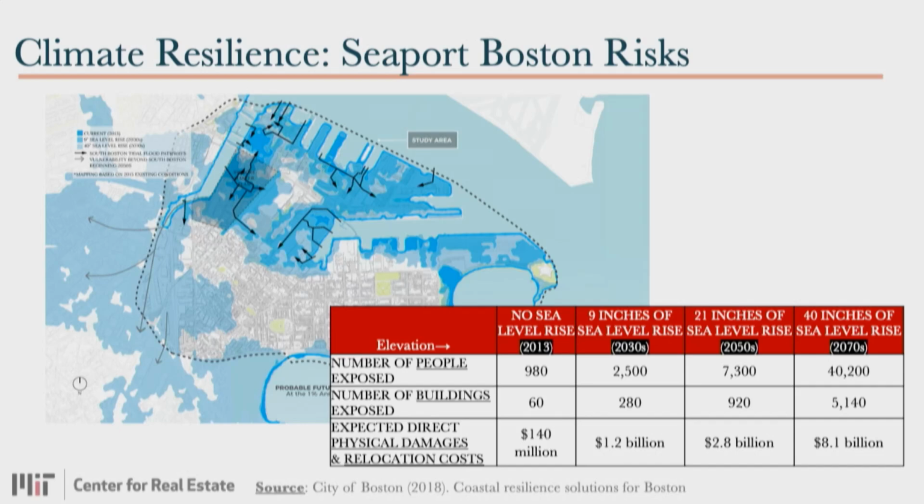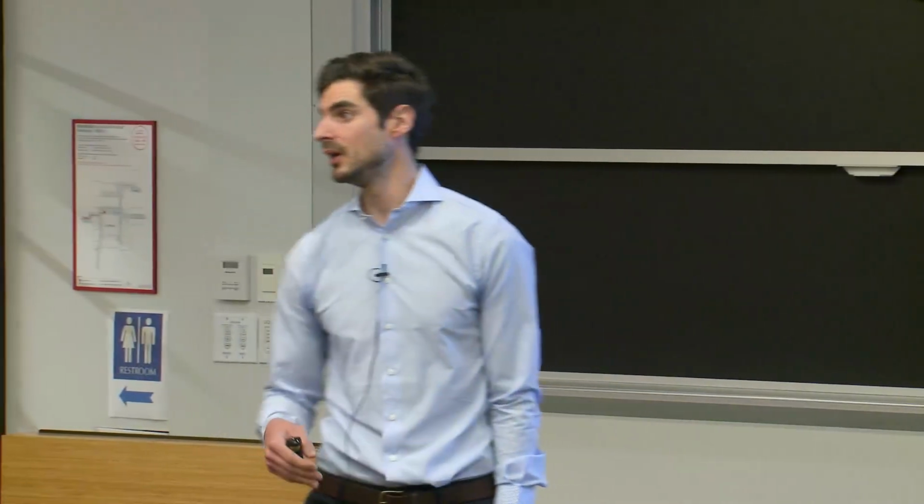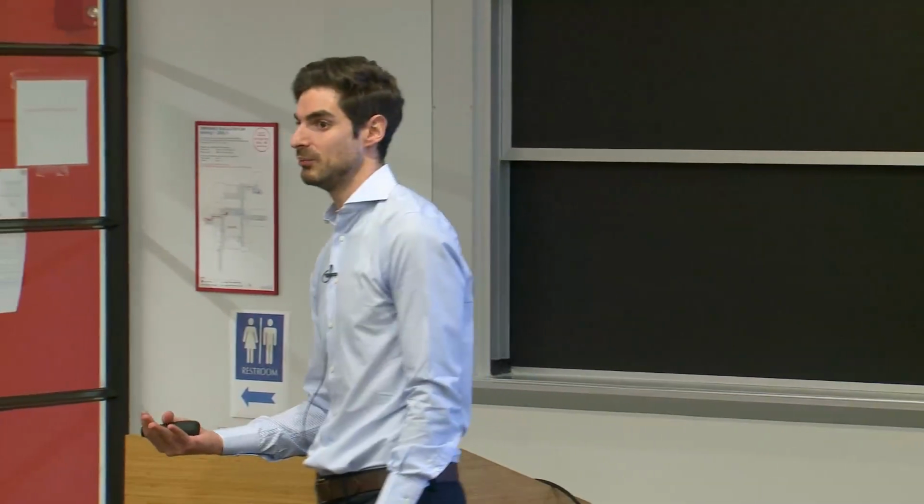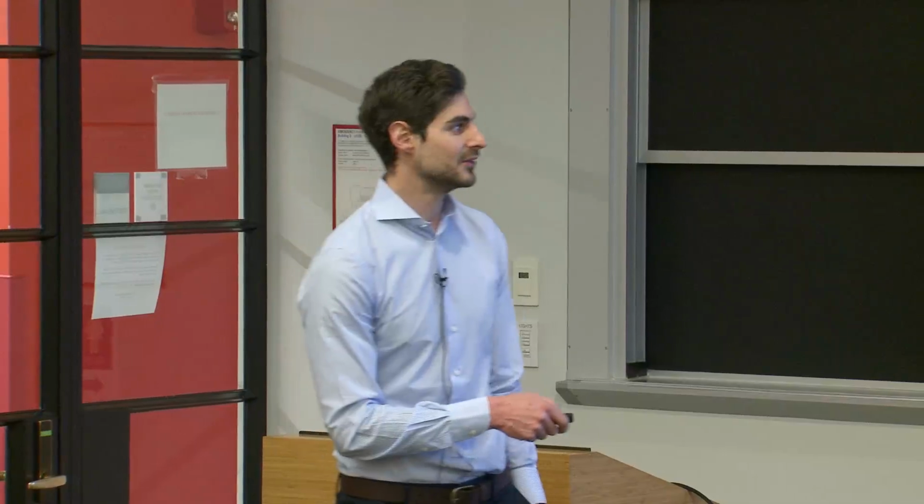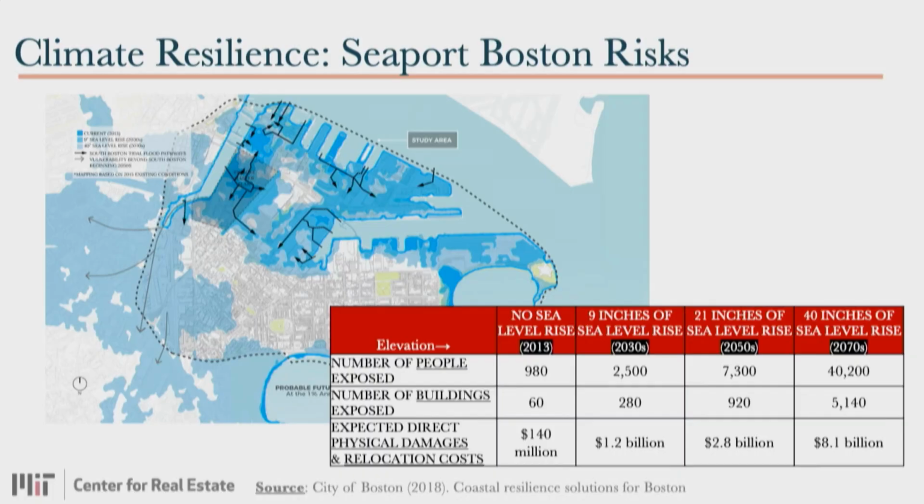Then it's expected to be 9 inches by 2030, 21 inches by 2050, and 40 inches higher by 2070. Those are the predictions of the city of Boston. And these are the damages that you have: different numbers of people affected, different numbers of buildings affected, the value of those buildings, and the costs in terms of property damages and lives being disrupted.